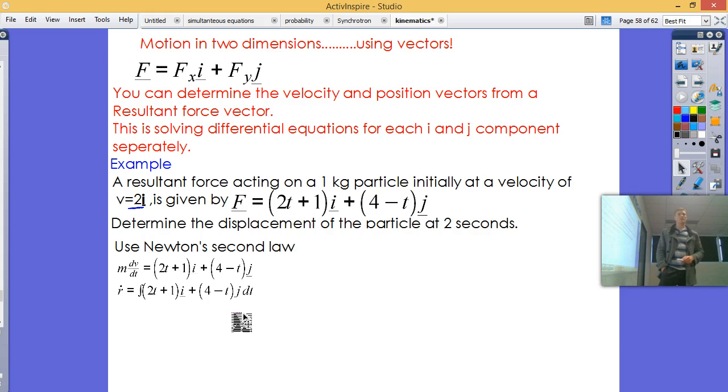And to work out the vector function, we have to integrate the right hand side to both sides. And when we integrate, we get now these quadratic expressions, one in the I component, one in the j component.